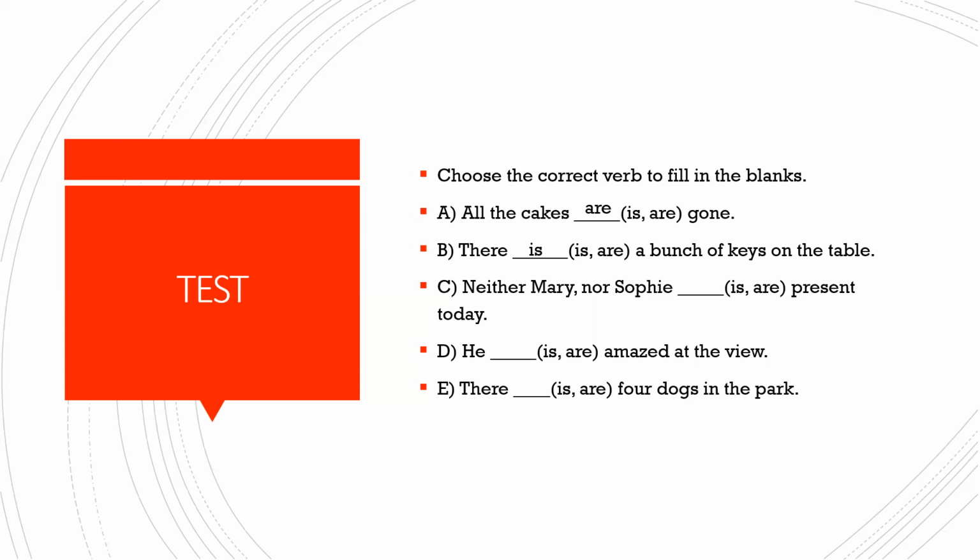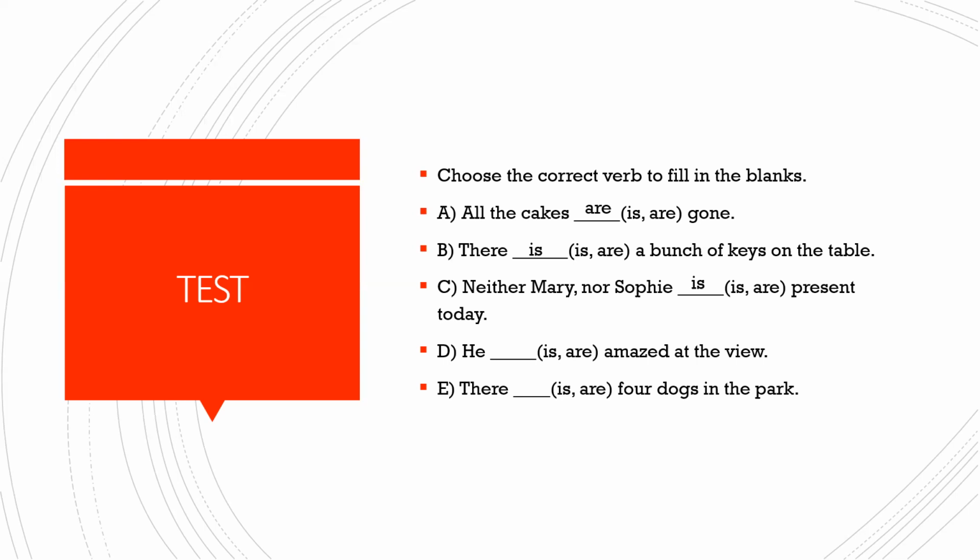And your answer definitely should be is, because I told you in one of the rules that if you see the word neither or either or, you have to use a singular verb with it. Because when you look at the sentence, the meaning is neither Mary nor Sophie is present today. We are not talking about Mary and Sophie together. We are saying Mary is not present today and Sophie is not present today, separately. Got it?